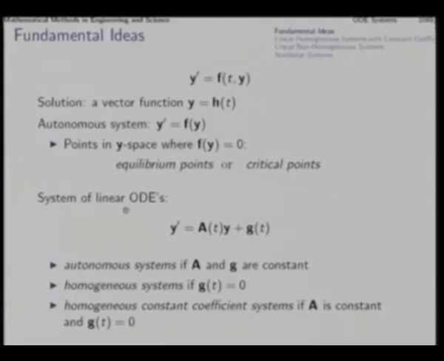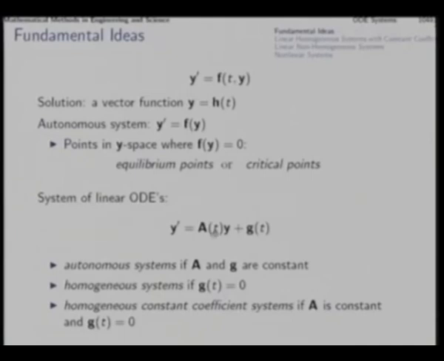Currently, consider another special case in which t is present, but the form of this function has certain special situation. That is, if the function f of t, y is linear in y, t, the independent variable, can appear in any manner.